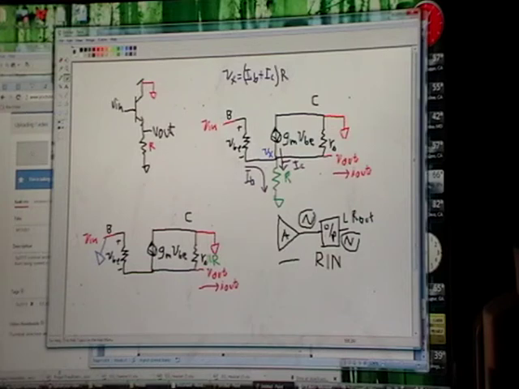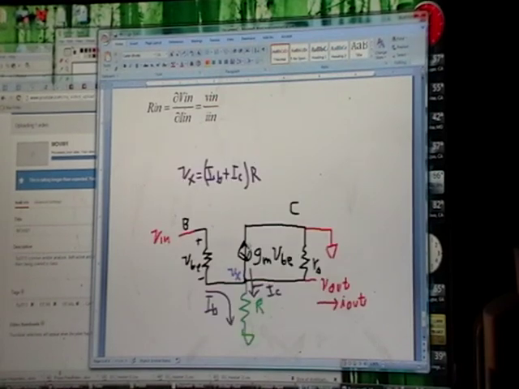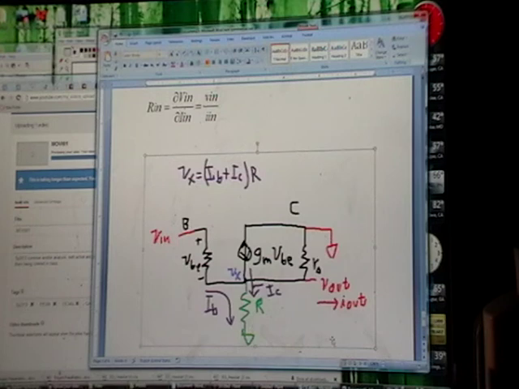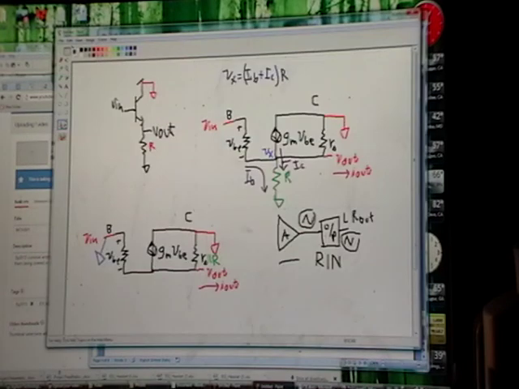Okay, so now I'm going to ask you a question. How can I keep Vx on this node but get rid of this whole side? Going back over here, let's get rid of this.